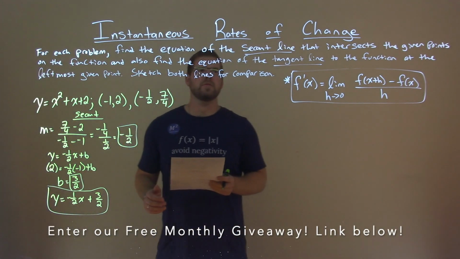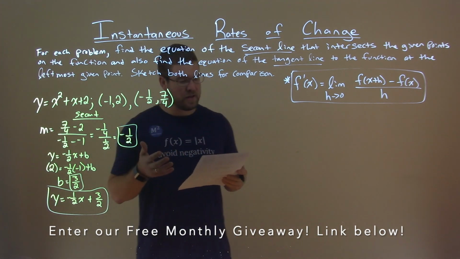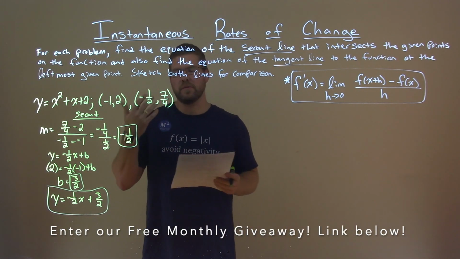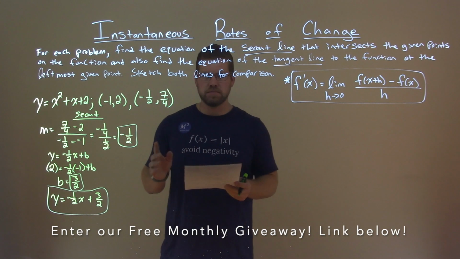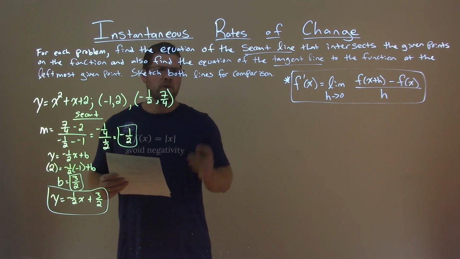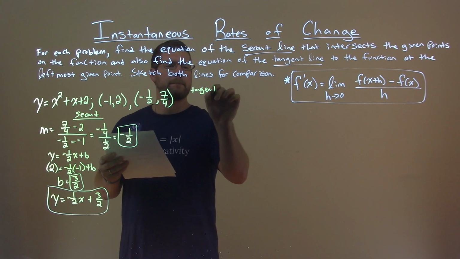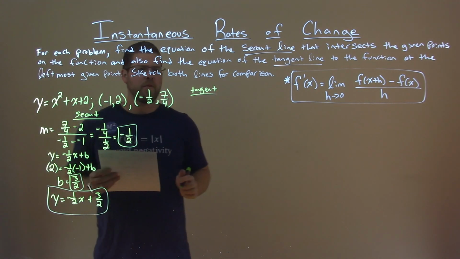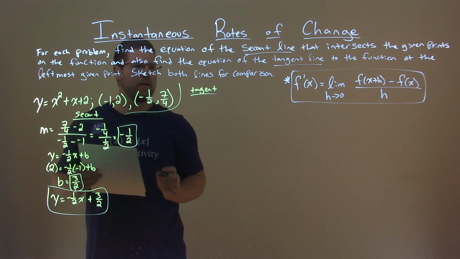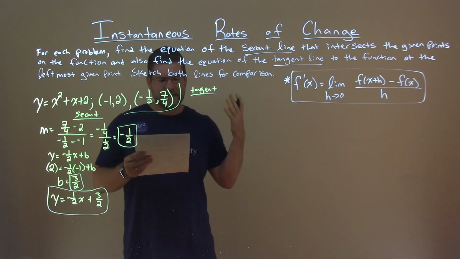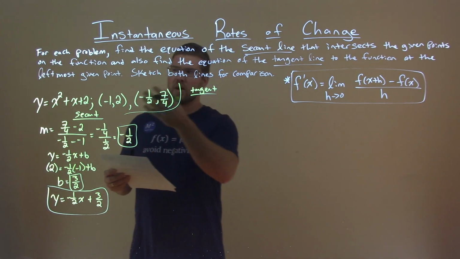Now we want to find the equation of the tangent line, and we're going to use the definition of the derivative to help us out there. It's going to take some work. So let's go with the tangent line. First step, we want to find the derivative of our function.